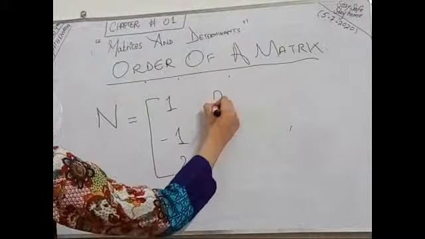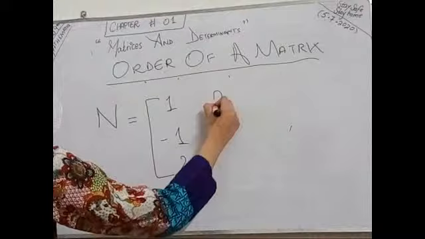Suppose we have two matrices A and B. A is said to be equal to B, denoted as A = B, if and only if the order of matrix A is equal to the order of matrix B, first condition, and second condition, their corresponding entries are equal. Let's take an example of the book on page number 3.